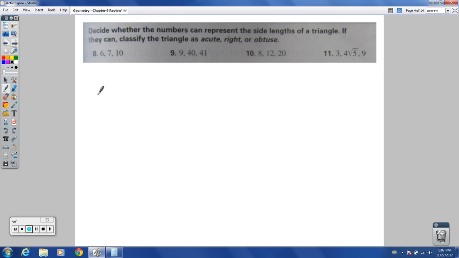Let's move on now to these types. So decide if these can represent the lengths of a triangle. We've got our steps here. What we're trying to see first of all is C squared, sorry. Remember our step 1. Let's just go back and bring up the notes for this lesson to review that. So here was the notes from 9.3.